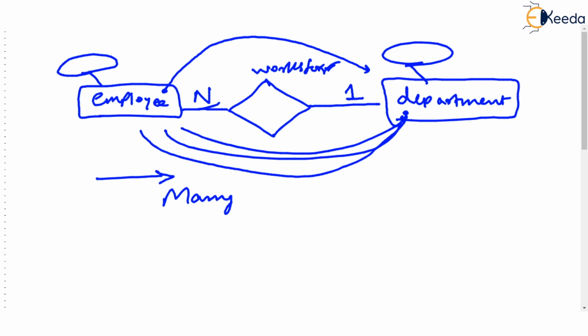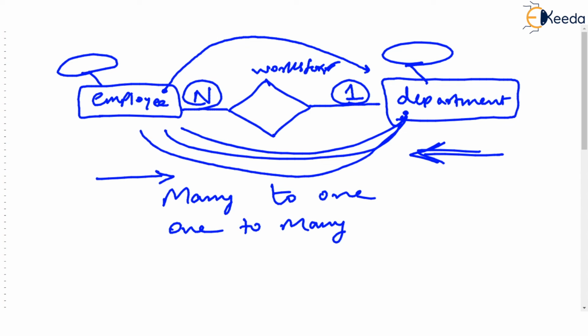If you look from this side, obviously we can look from this side, this is one to many. As such, many to one and one to many are not different. If you just twist this particular picture or put a mirror image of this picture, put department on the left side and employee on the right side, you will get one to many.